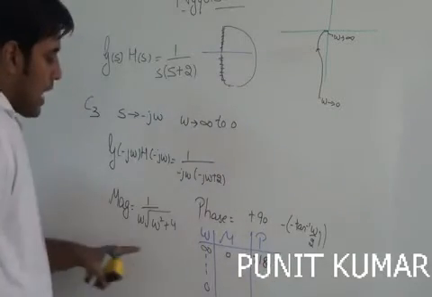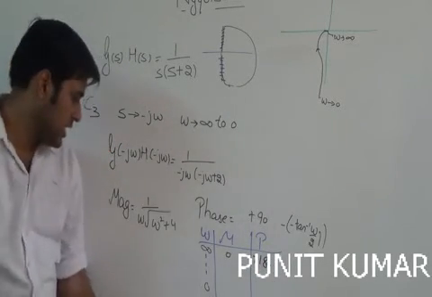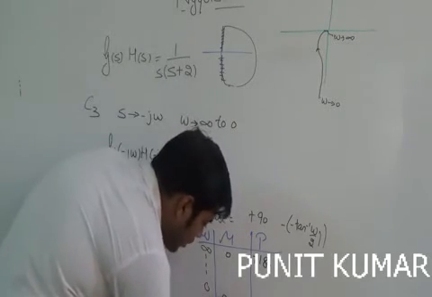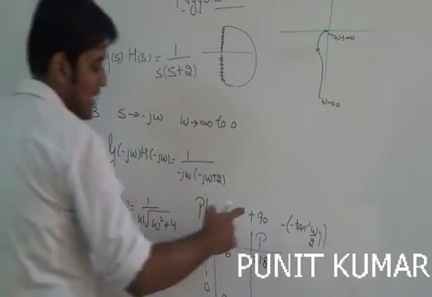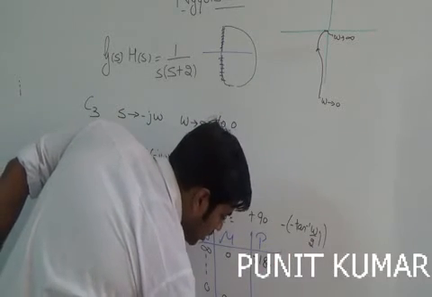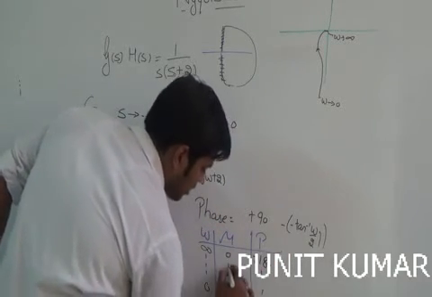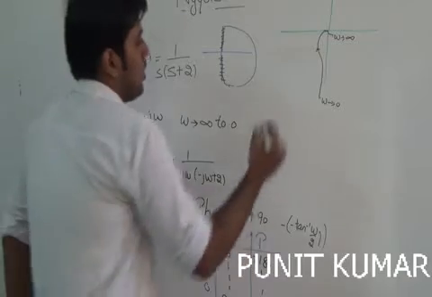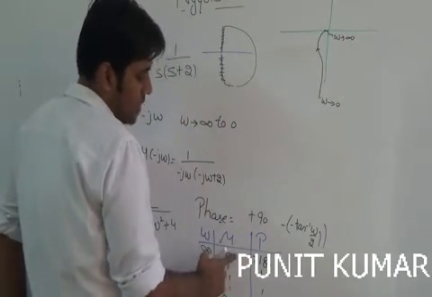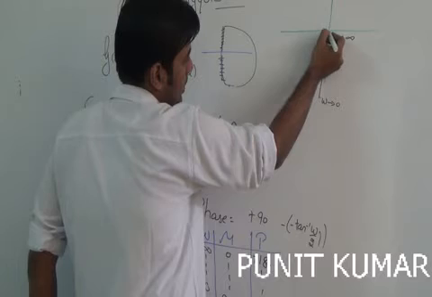180. At omega 0, this is 1 by 0 into something, which is equal to infinity. Phase is plus 90, 0, 0, so it comes out to be plus 90. So we will go from here. At infinity magnitude is 0 and phase plus 180, this point.